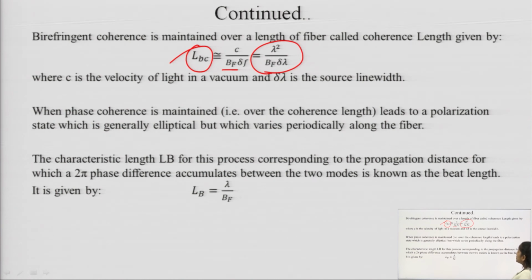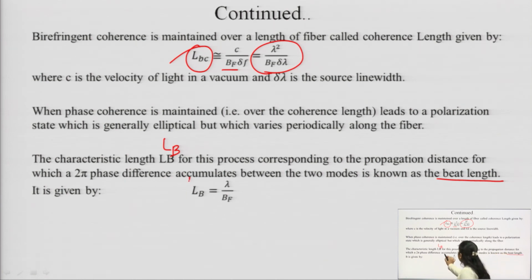When phase coherence is maintained over the coherence length, it leads to a polarization state which is generally elliptical, but which varies periodically along the fiber. The characteristic length Lb for this purpose corresponds to the propagation distance for which a 2 pi phase difference accumulates between the two modes, and is known as the beat length.